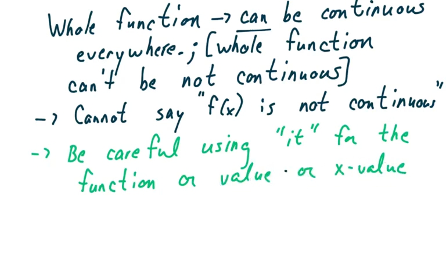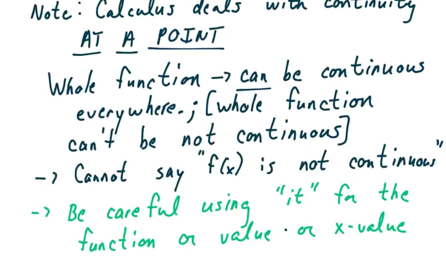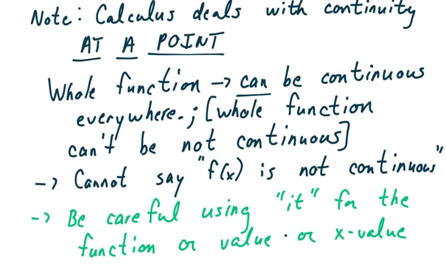Make sure that you are being as specific as possible. To wrap this up, we can say that the whole function is continuous, but we can't say that f of x is discontinuous or not continuous. We would have to refer to the specific point. It's important that we understand that, because a lot of times with calculus, to deal with continuity, we deal with the discontinuity. If there's an issue anywhere in the graph, we want to deal with the discontinuity piece. So it's important for you to make that interpretation and understand that.